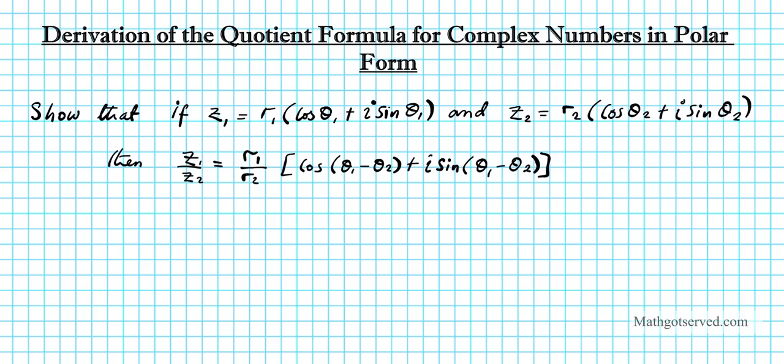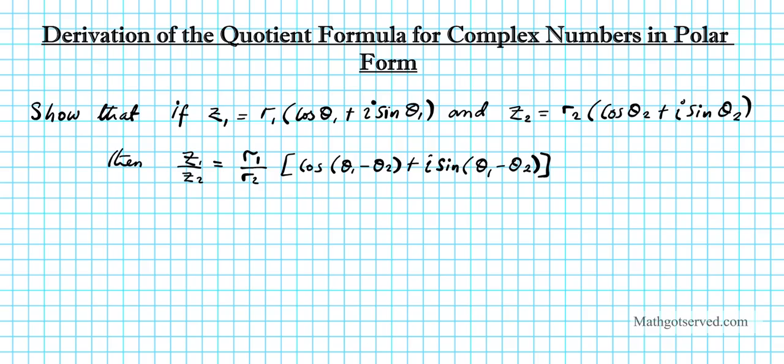Okay? So this is the quotient formula for complex numbers. When you're dividing complex numbers in polar form, you just take the quotient of the radii and you take the cosine of the difference of the angles and i sine the difference of the angles. Alright, so this is what we're going to be showing.